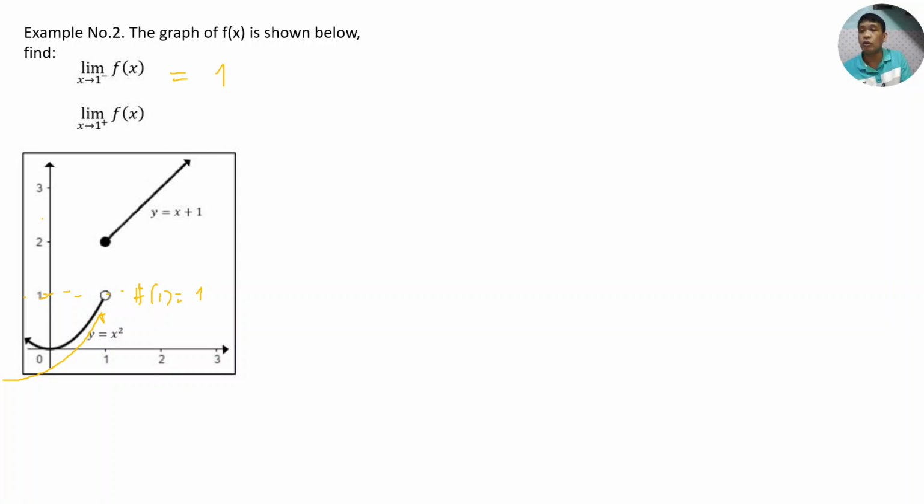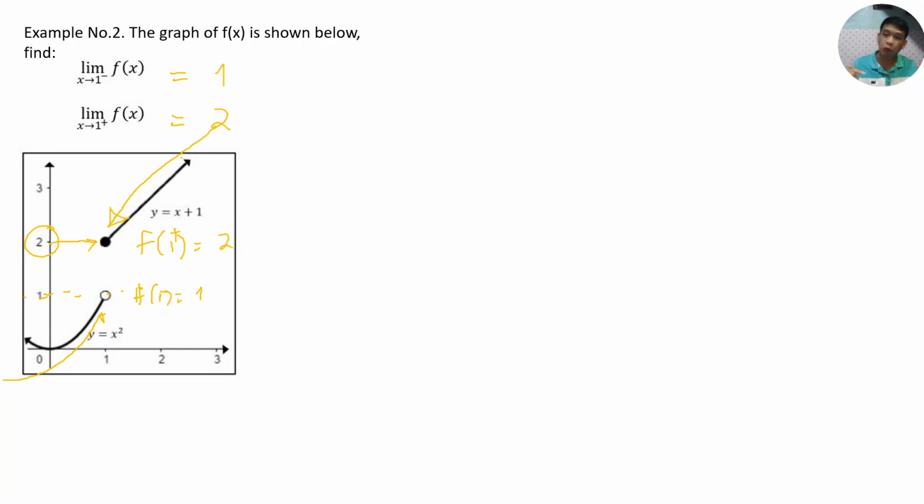Whereas, yung limit of f of x as x approaches 1 plus, galing naman sa kanan, ang value na ina-approach niya ay equal sa 2. So, f of 1 from the right, 1 plus, is equal to 2. So, therefore, ang sagot natin dito ay equal sa 2. So, titingnan lang natin yung graph galing sa kanan, saan siya pumupunta.